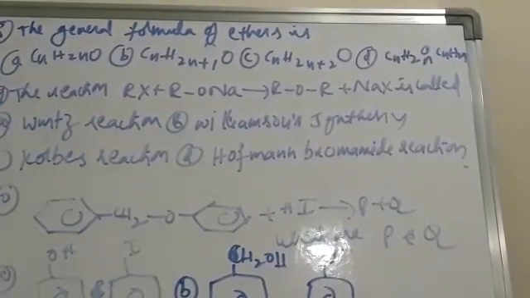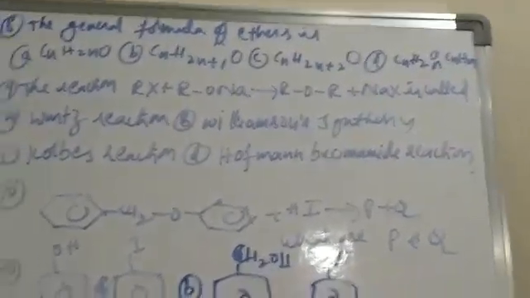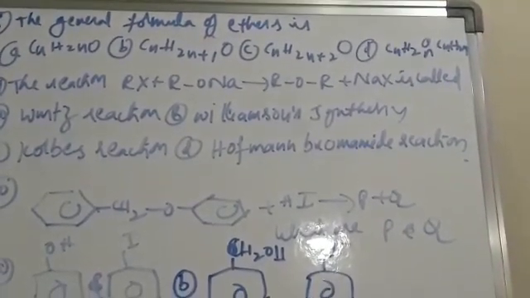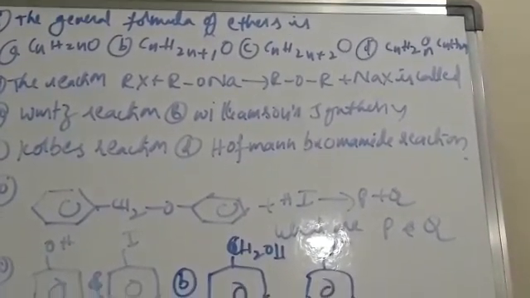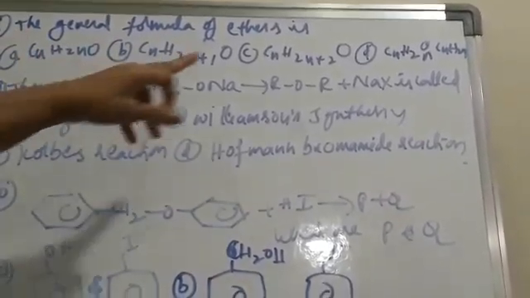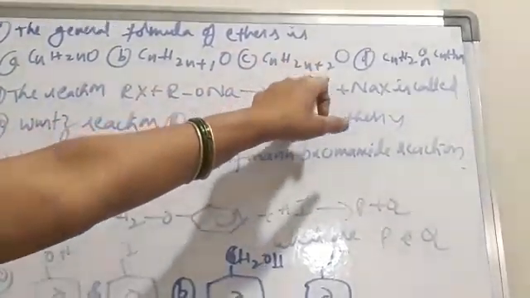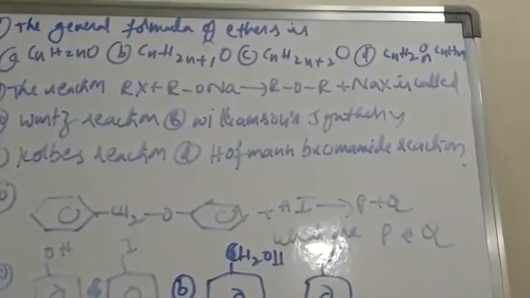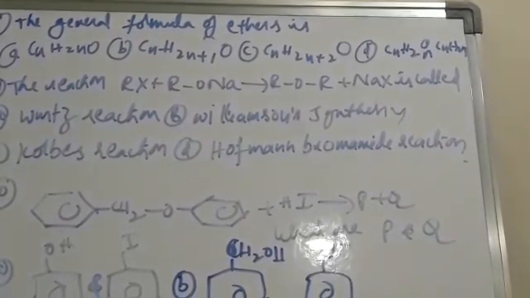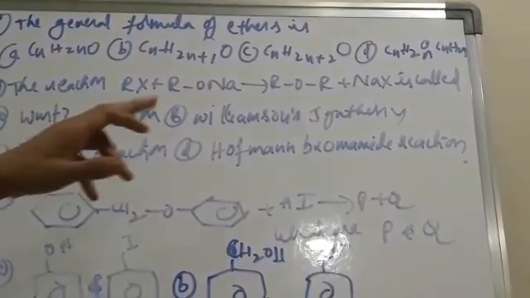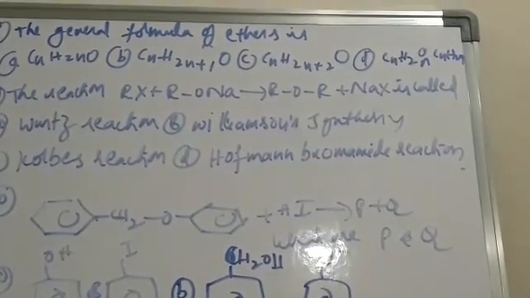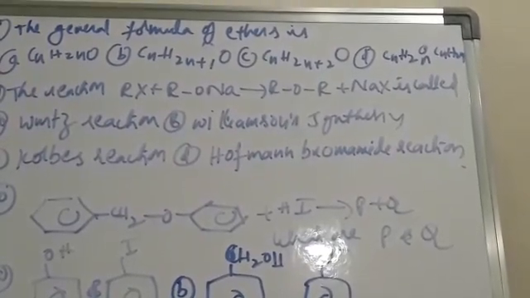Next, the general formula of ethers. So ethers are alkyl or aryl derivatives of alcohols. And we can represent ethers with the formula CnH2n+2O. Okay. For example, diethyl ether is there. Diethyl ether C2H5OC2H5.